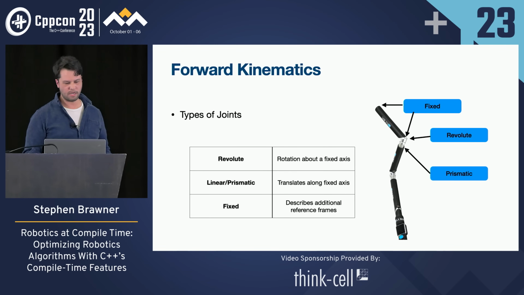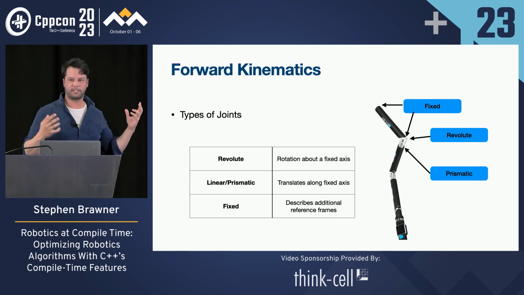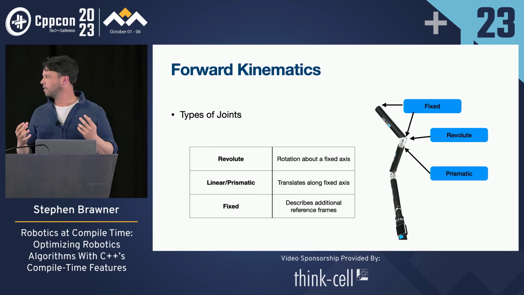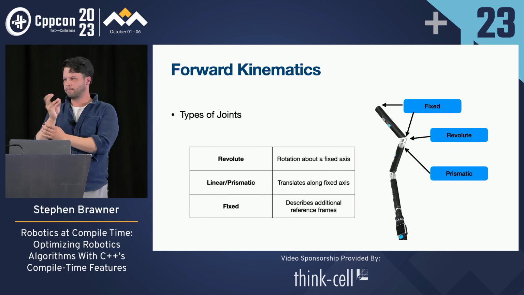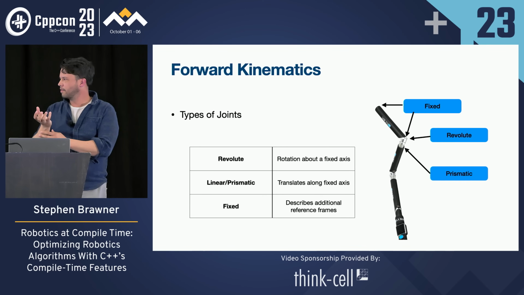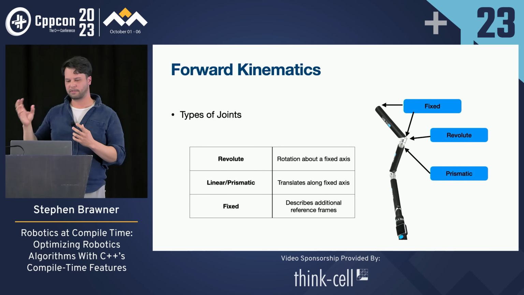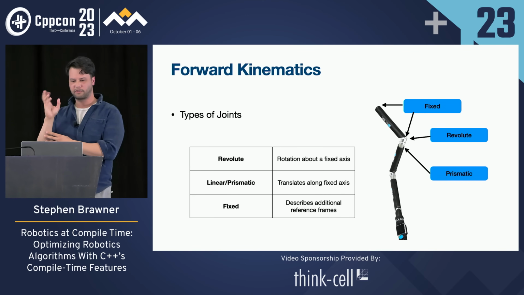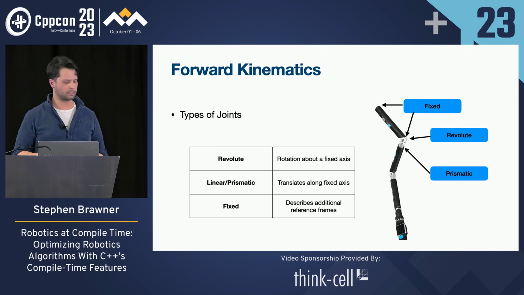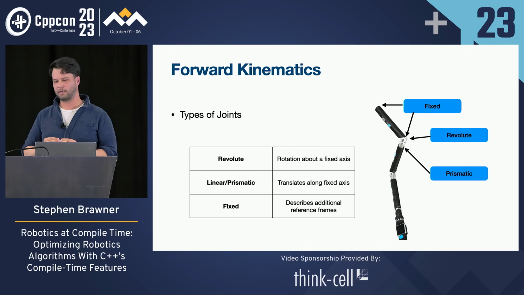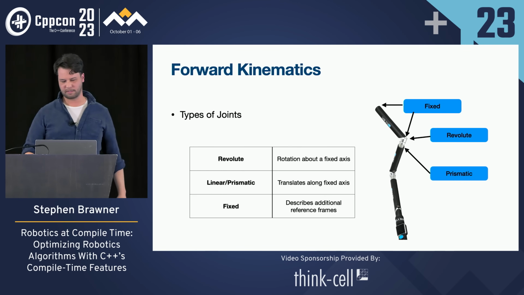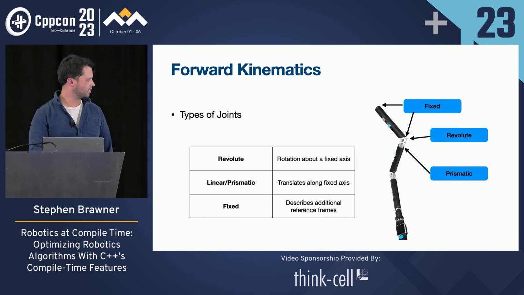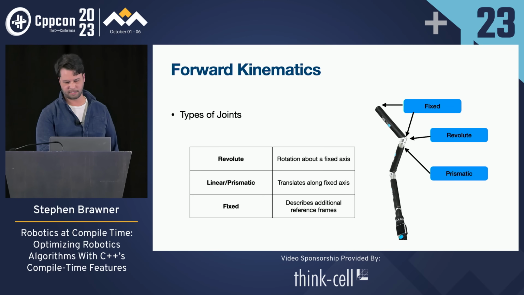Each type of joint has its own limits. The revolute joint might only be able to spin so much, but there are also robots with infinite joints where they can spin continuously. Linear prismatic joints definitely have a strict limit. I've never seen a linear prismatic joint that's infinite.